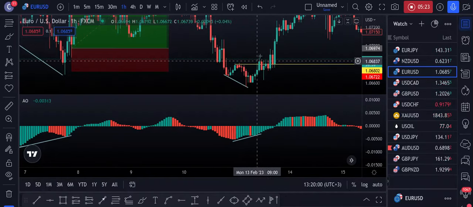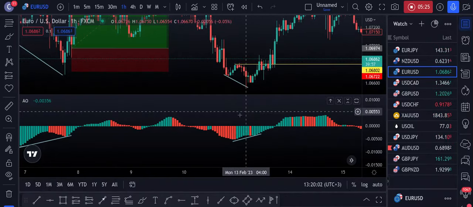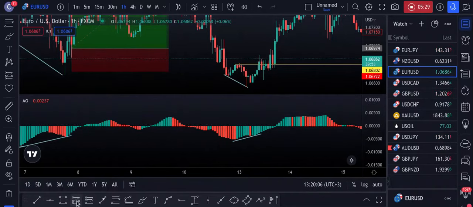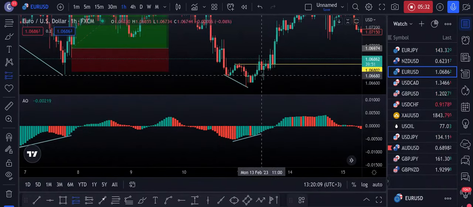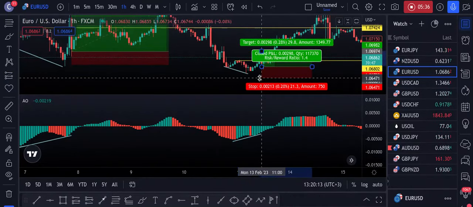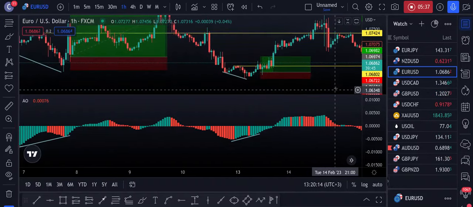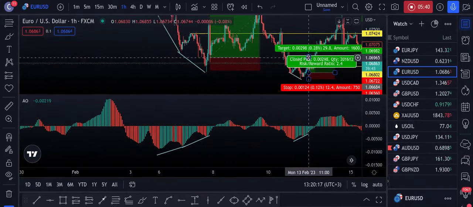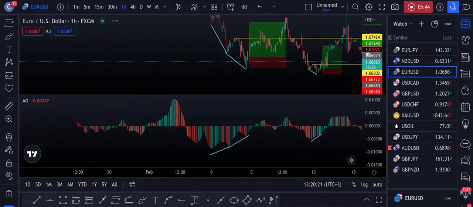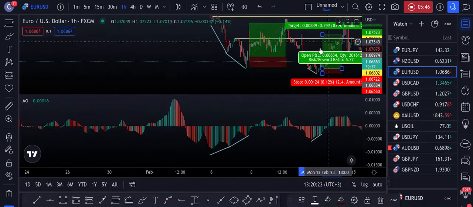As soon as price closes above, you now have a solid uptrend confirmed. So you're going to come take a trade on the previous discounted area, and you are in this trade for a 1 to 3. And price actually continues higher and higher and higher.